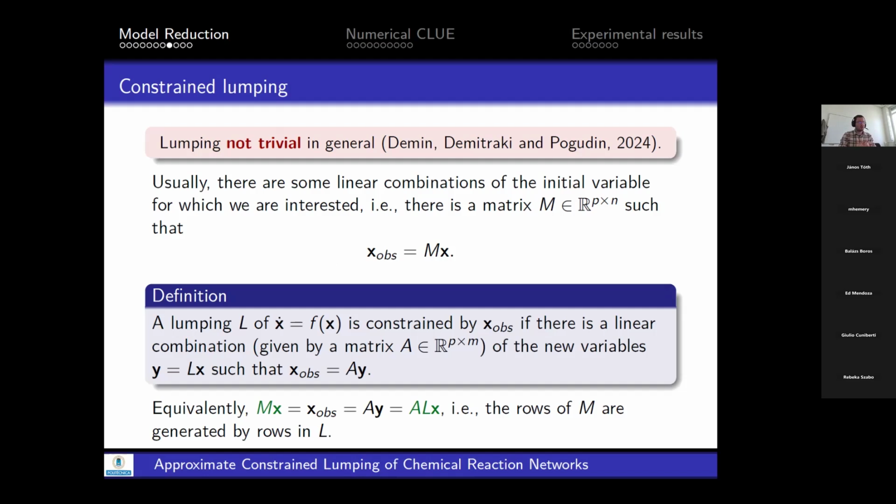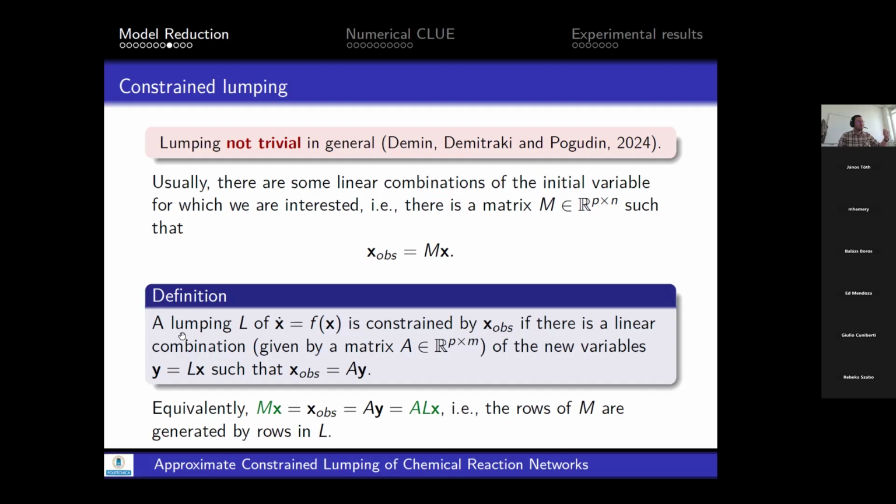And if we focus on that, it's much easier to define a lumping that holds that information. So we define a linear observable. In this case, you can generalize this theory to non-linear observables too. And we define it with a matrix M that combines the original state variables, x's, and gives you some linear combination of the variables that are the information that you want to preserve in the reduced system.